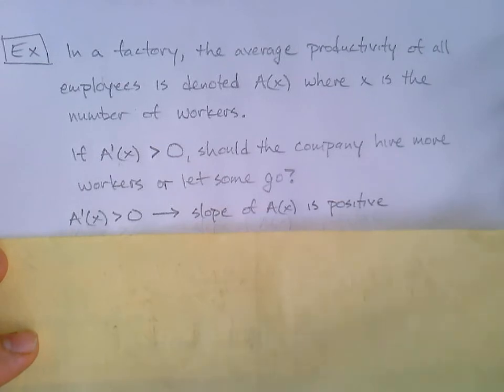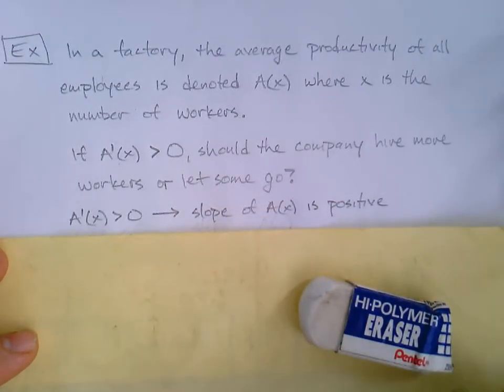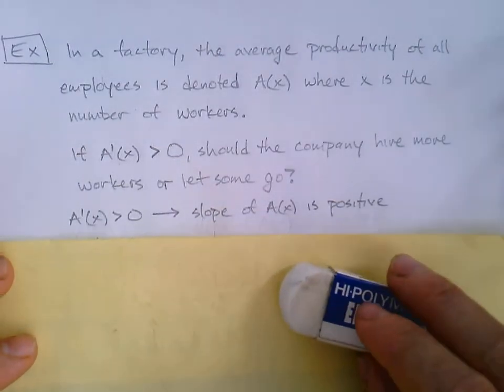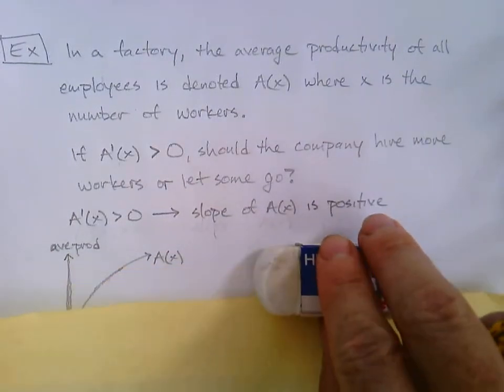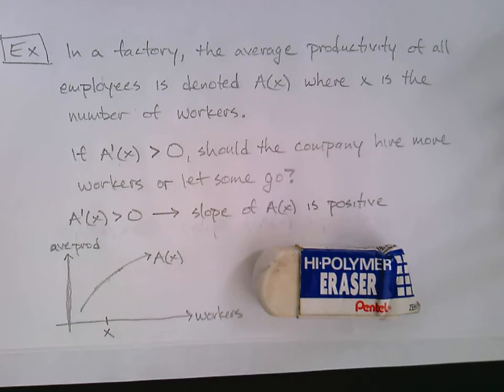And I think at this point, I was running out of space on my page, so I've got the whole answer here. I'm going to try and cover up the answer and just show you my graph. Okay. So the slope is positive. If the slope of the original is positive, that means it's going up, right?